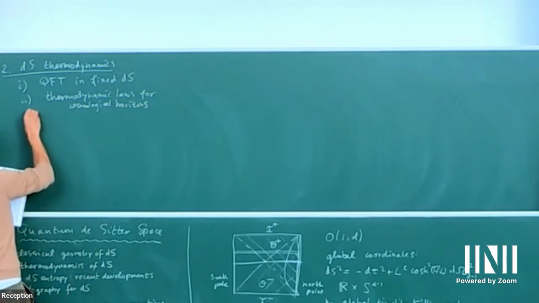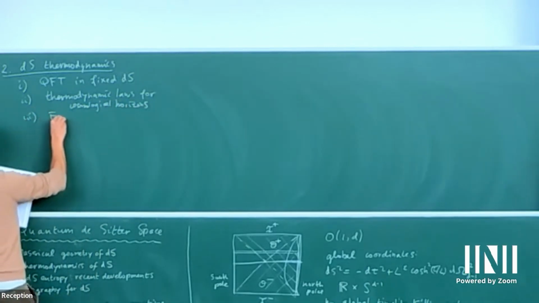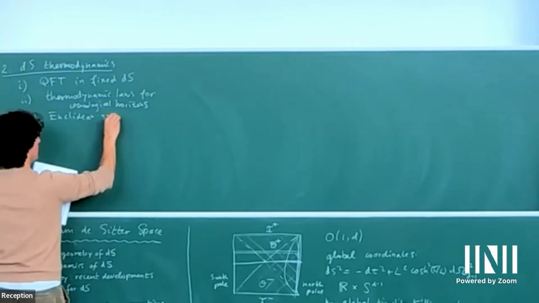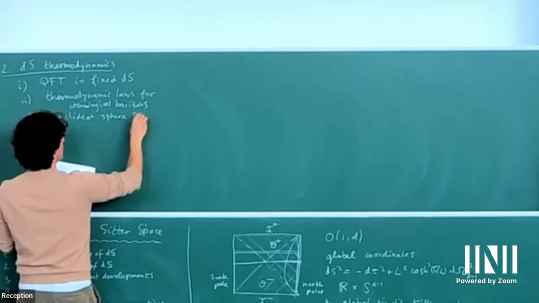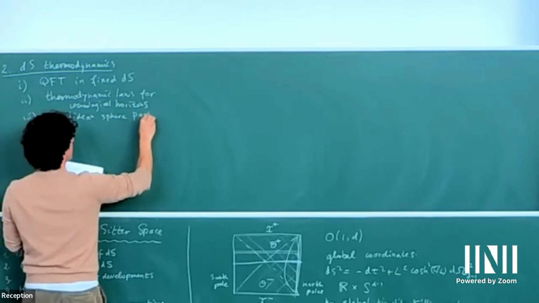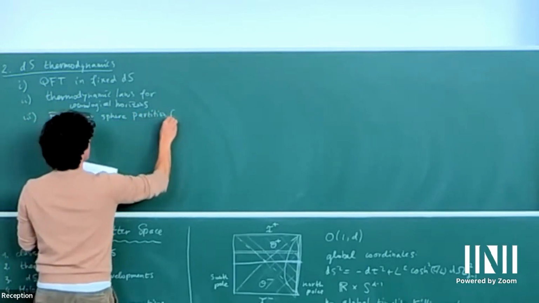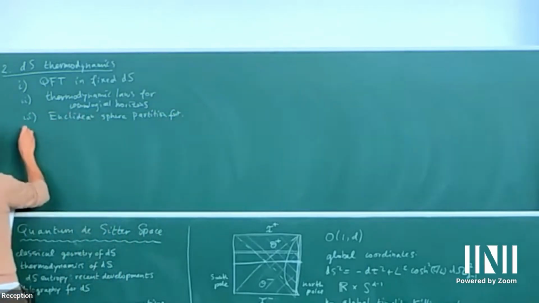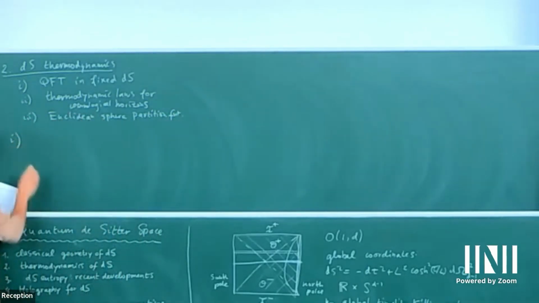And thirdly, you can derive the de Sitter entropy from the Euclidean path integral partition function. So let me start with one briefly.